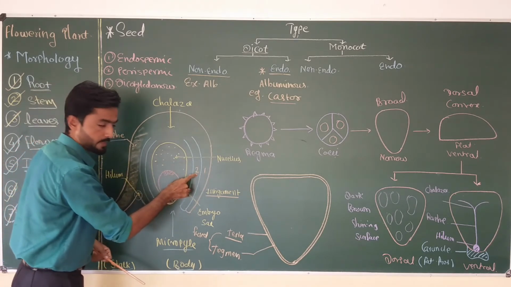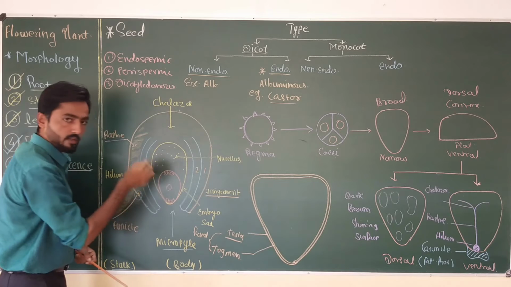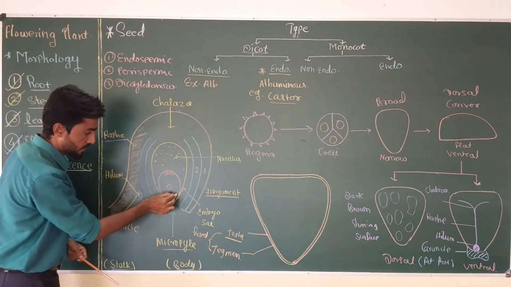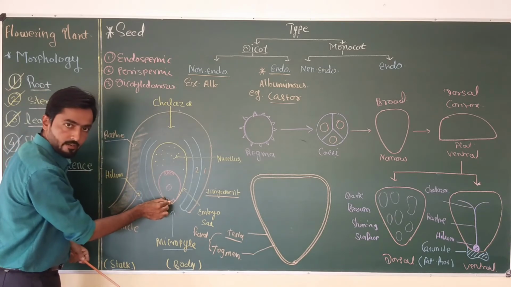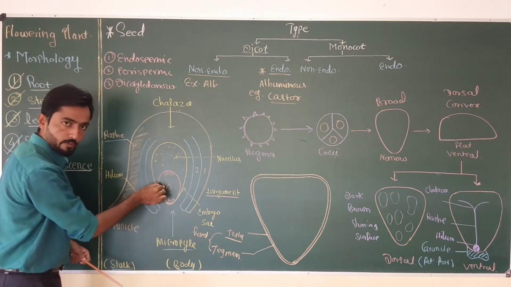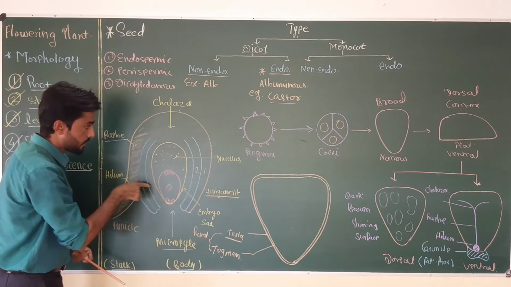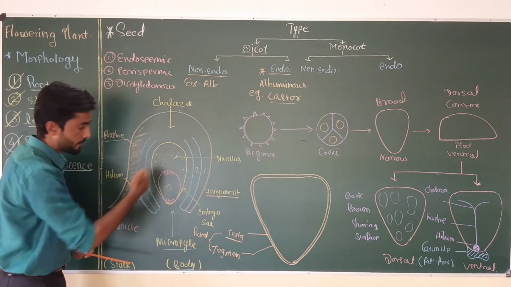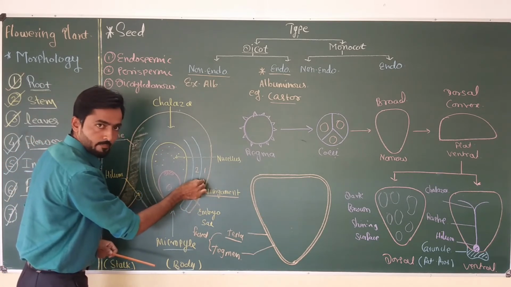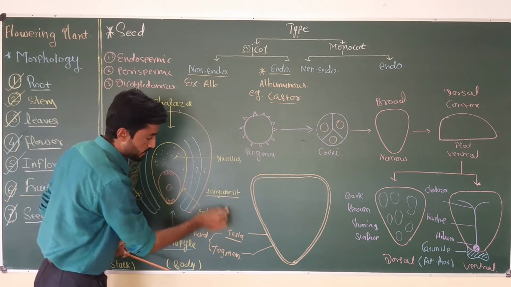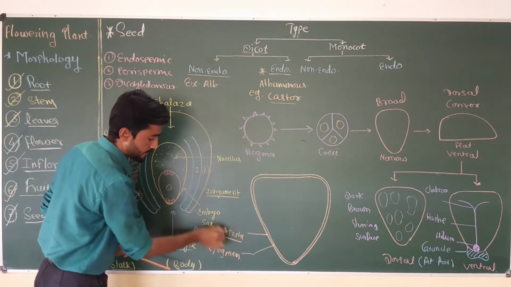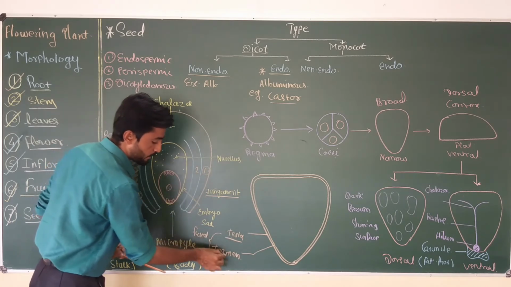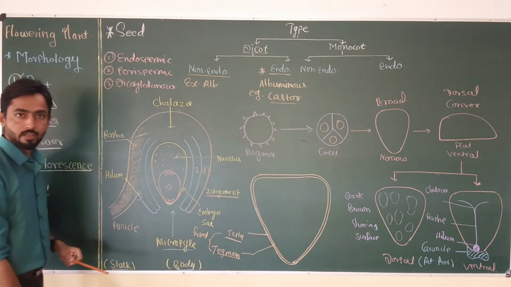So two layers are present, and when the male gamete fertilizes the egg, after fertilization which occurs inside the embryo sac, the ovule develops into seed, and at the time of development these integuments produce the seed coat. The outer integument produces testa, and the inner integument produces tegmen.